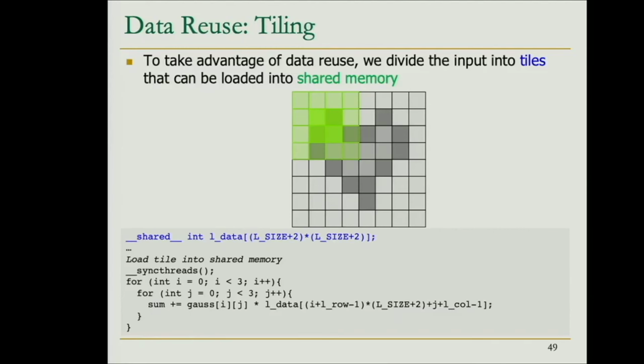Why do we need to synchronize? We need to synchronize to make sure that we have finished loading the entire tile into the shared memory, and then we can run the computation directly reading the tile of the image from the shared memory.